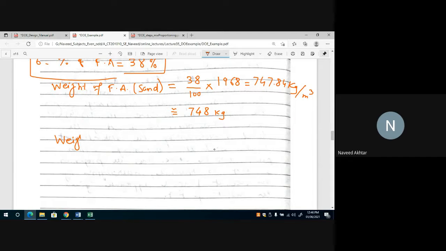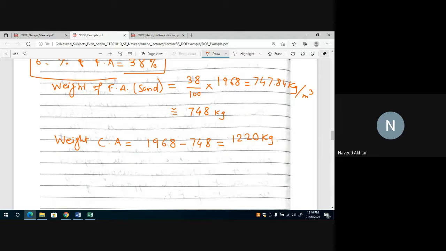Weight of coarse aggregate is equal to 1968 minus 748, because we know the total aggregate content. 1968 minus 748 is 1220 kg.